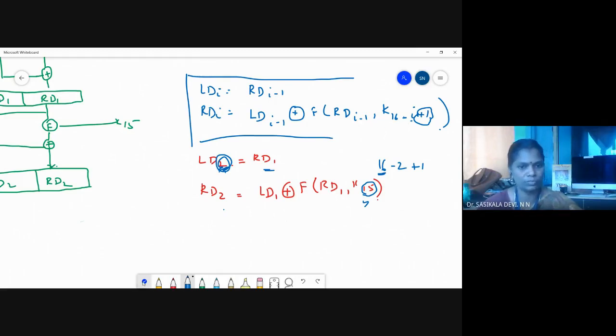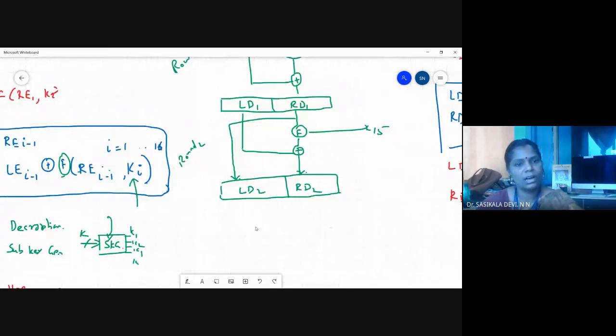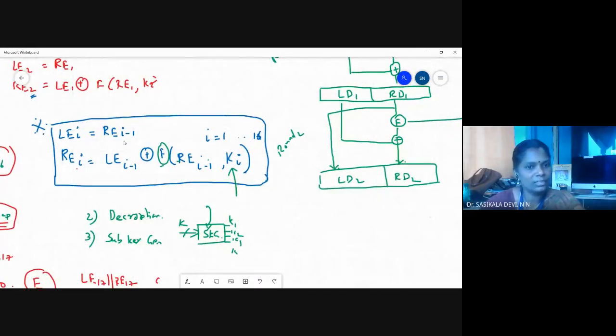This is one linear equation required to prove this. Another linear equation: LEi is equal to REi minus 1, and REi is equal to LEi minus 1 XOR F of REi minus 1, Ki. Please keep these two equations in your mind.